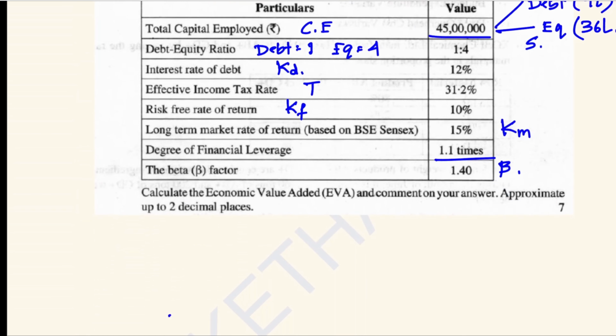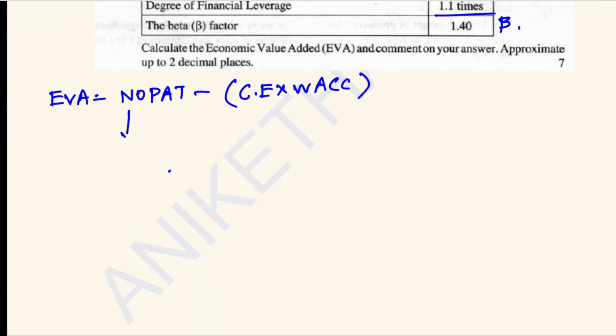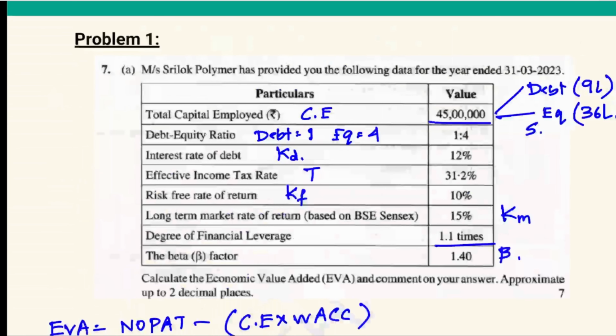First we will write the EVA formula. EVA is equal to NOPAT minus capital employed into weighted average cost of capital. NOPAT is EBIT into 1 minus tax. In this question, you have tax, which is 31.2%.